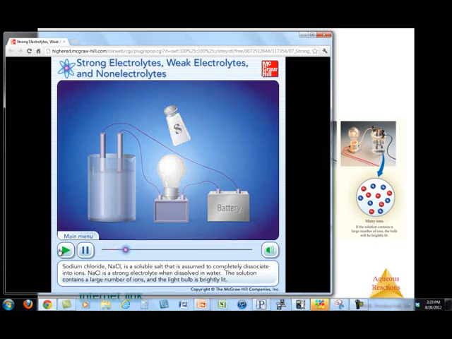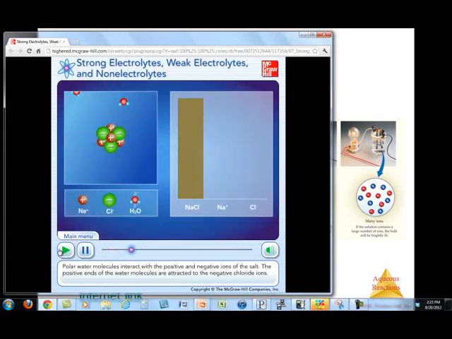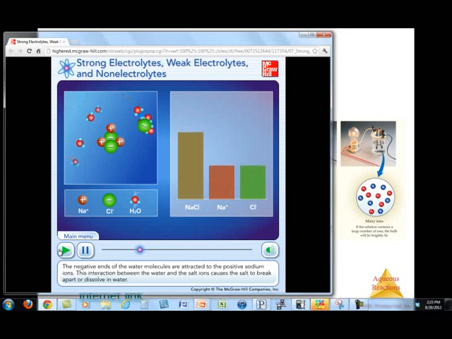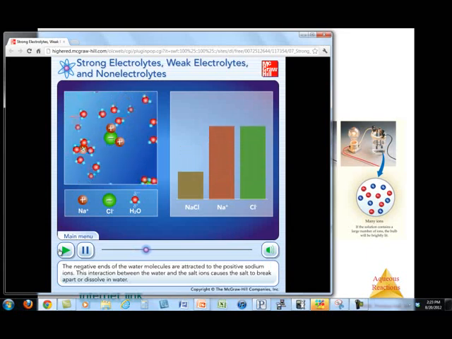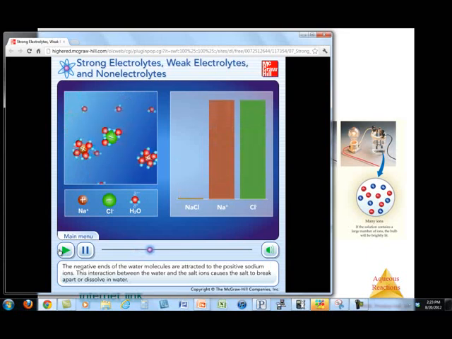The solution contains a large number of ions, and the light bulb is brightly lit. Polar water molecules interact with the positive and negative ions of the salt. The positive ends of the water molecules are attracted to the negative chloride ions. The negative ends of the water molecules are attracted to the positive sodium ions. This interaction between the water and the salt ions causes the salt to break apart or dissolve in water.